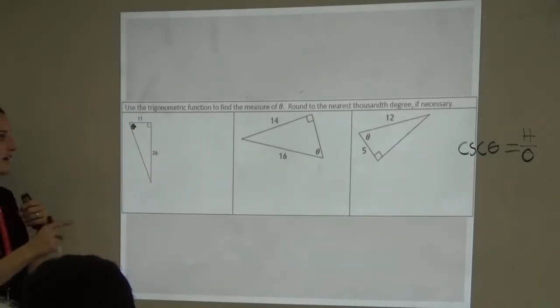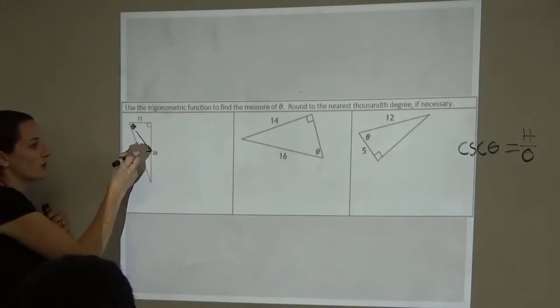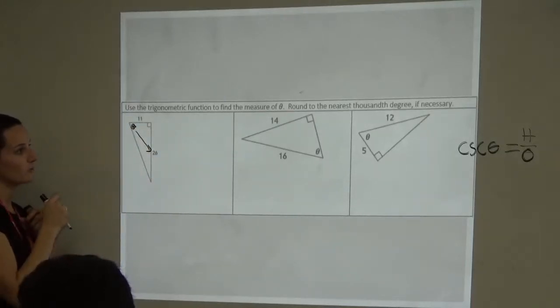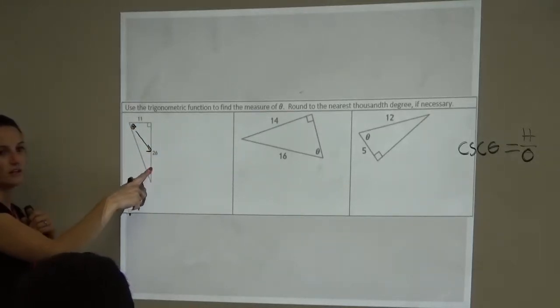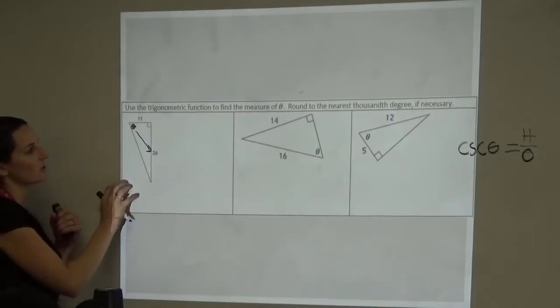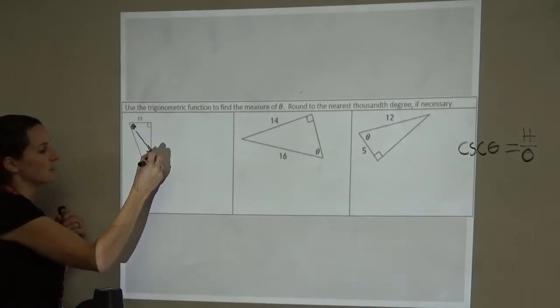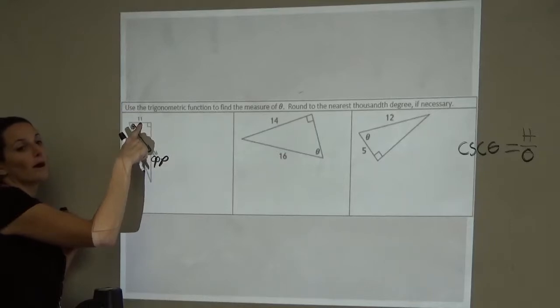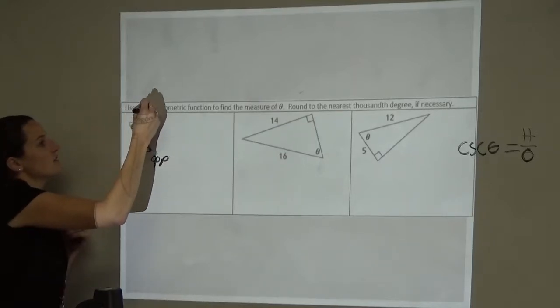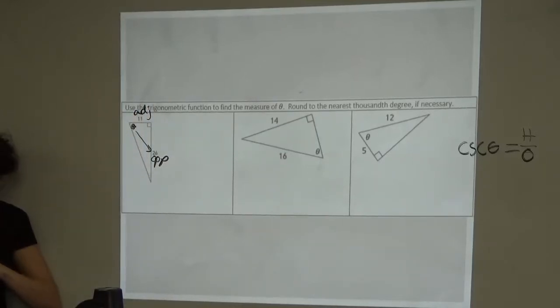So if I have this theta, 26, one would be my what related to theta? Opposite, adjacent, or hypotenuse? Opposite. 11 would be my what? Adjacent. So if I have O and A, my opposite and my adjacent, everyone go ahead and think in their head of what trig function that would be.